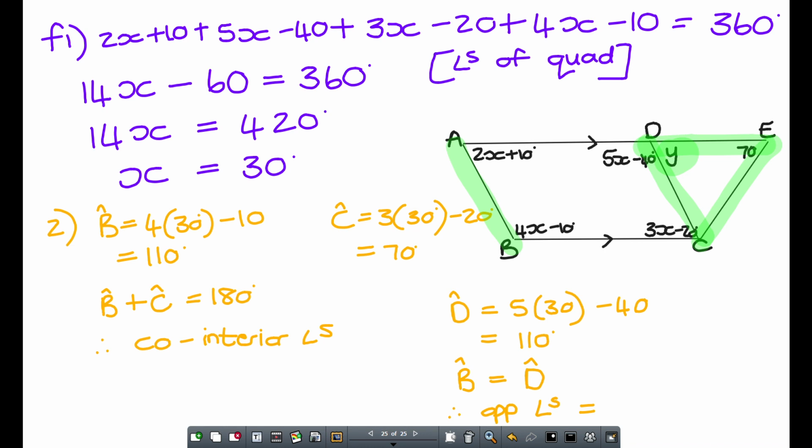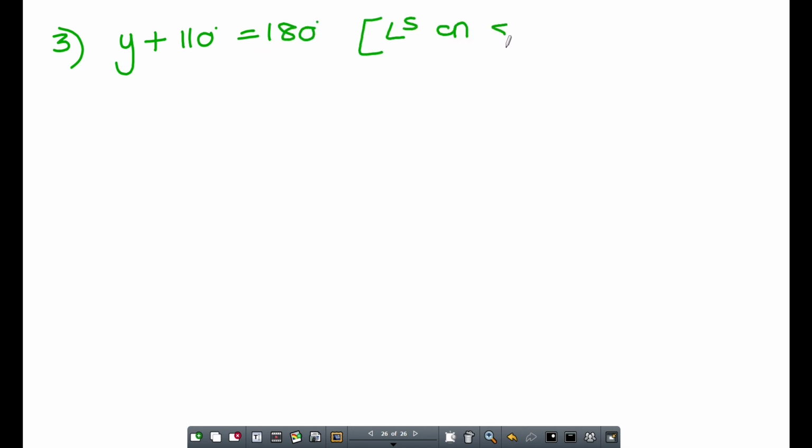We already worked out what angle D is. Have a look over here, we had 110. So I'm going to start with saying, number 3, y plus angle D, meaning 110, will give me 180 degrees. Why? Angles on a straight line. Where did you get the 110 from?